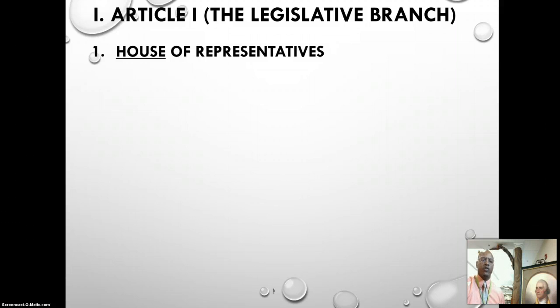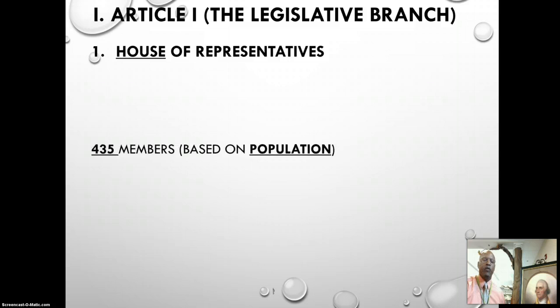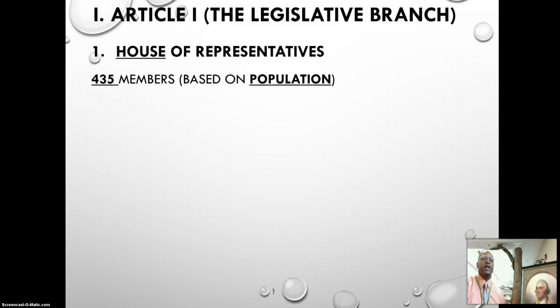So we're going to look at the first legislative branch, the House of Representatives. There are 435 members in the House of Representatives, and remember, this is based on population, so the number of people in your state will determine how many representatives you have. We're going to look at a chart later on to explain how this plays out in terms of actual voting, in particular voting for president.